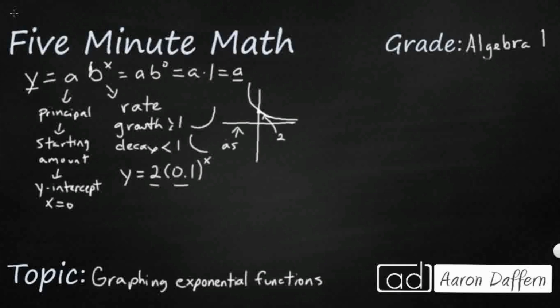So your asymptote is always going to be the x-axis unless you do like a +7 or a -8 or something like that to shift the whole thing up or down. The asymptote is going to be your x-axis. Well, we can do another one right here. We could do y equals 2. Let's make it a growth factor, 10.